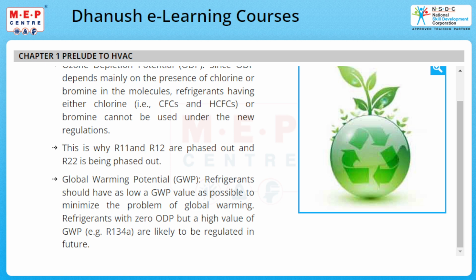Global warming potential (GWP). Refrigerants should have as low a GWP value as possible to minimize the problem of global warming. Refrigerants with zero ODP but a high value of GWP, for example R134a, are likely to be regulated in future.